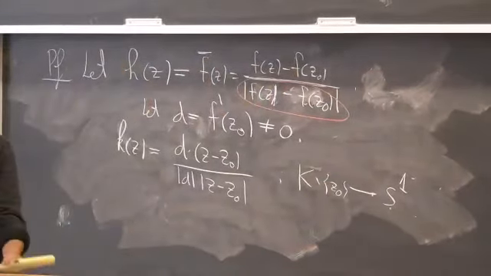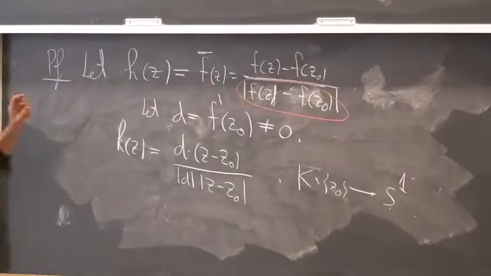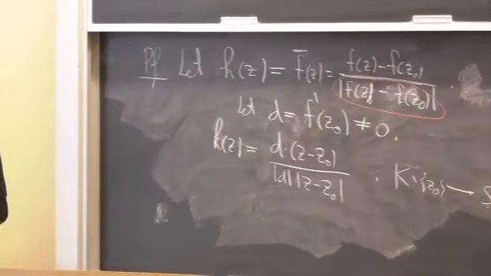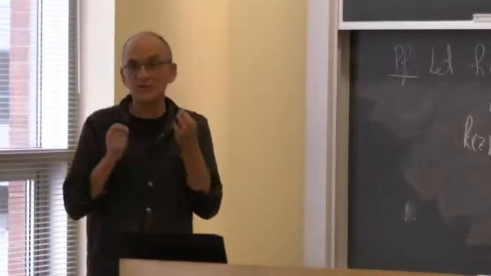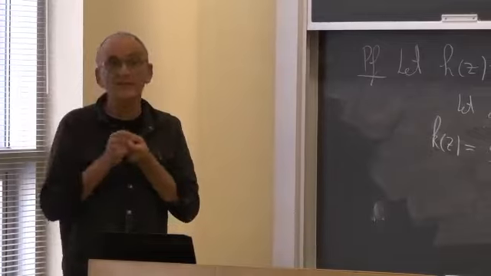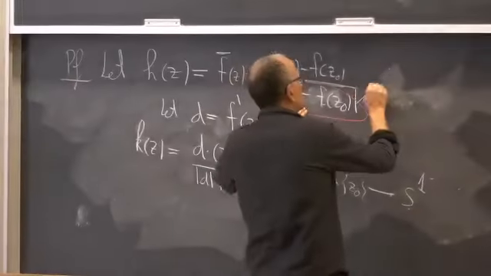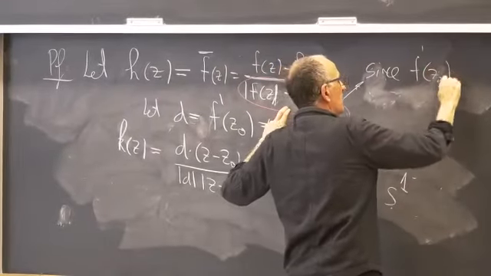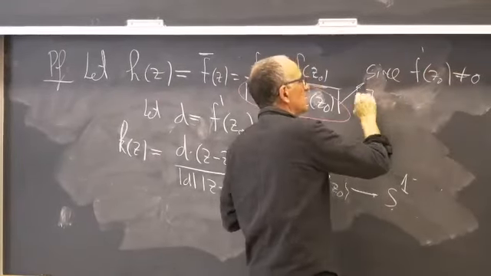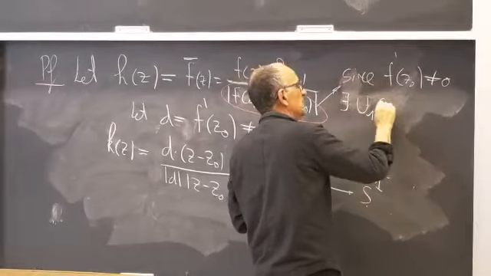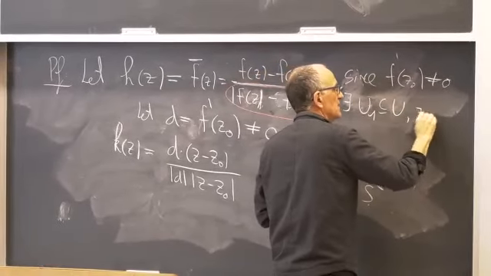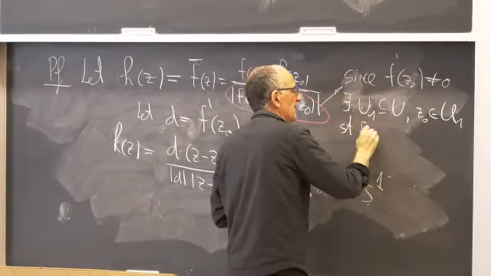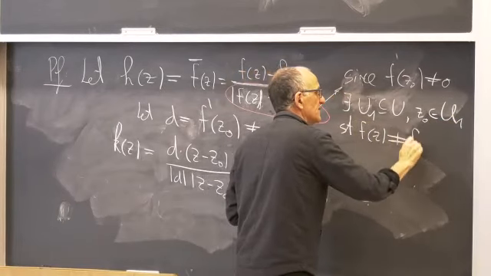Okay, so the first thing is that because the derivative is not zero, there should be a neighborhood of z0 where f of z is different than f of z0, because it's differentiable. If it was equal, we would get the limit equal to 0. So since f prime of z0 is not 0, there is some U1 inside U, with z0 inside U1, such that f of z is different than f of z0.